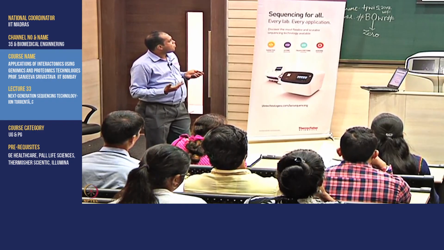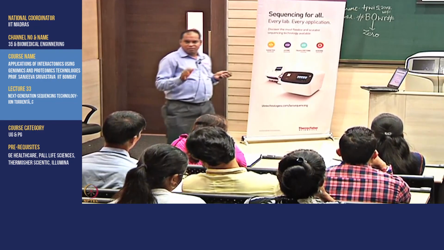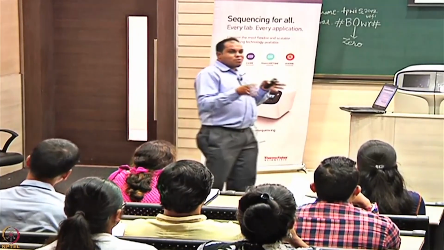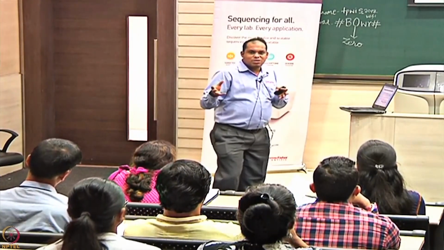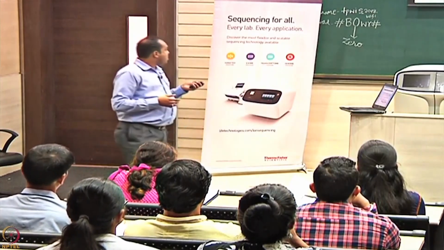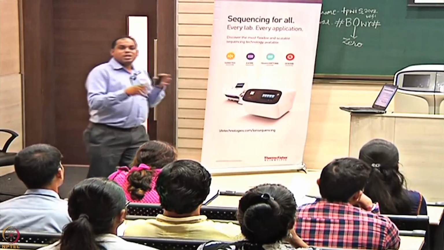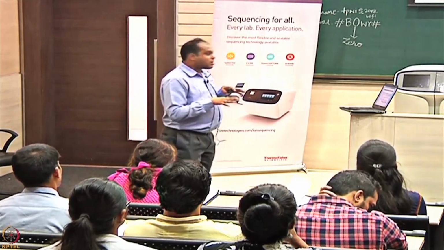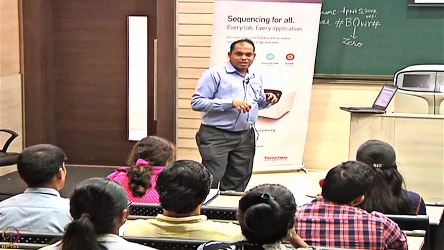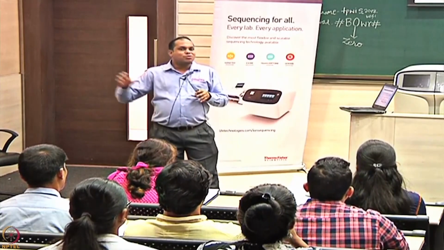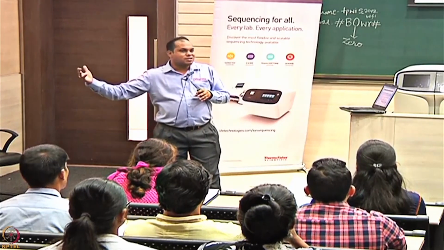For FFPE it is 125 to 175 base pair. So I utilize a technology where I could do 200 base pair sequencing, and there is also a 400 base pair sequencing which I could take further with my blood samples. So this helps you to easily get to know what has to be utilized, how I could run the data on an Ion Torrent system, and take it further to the analysis level.